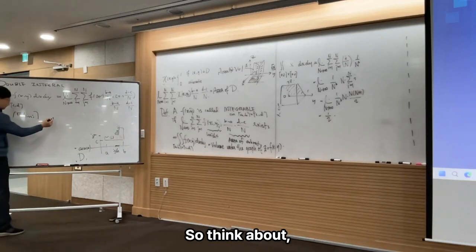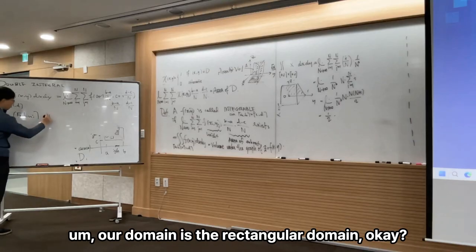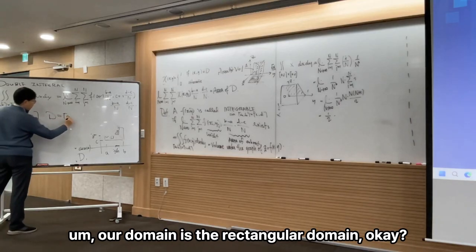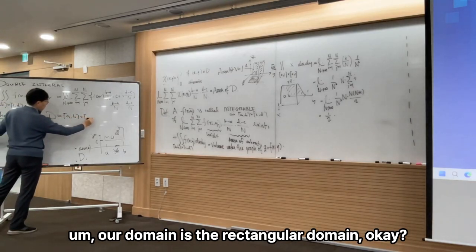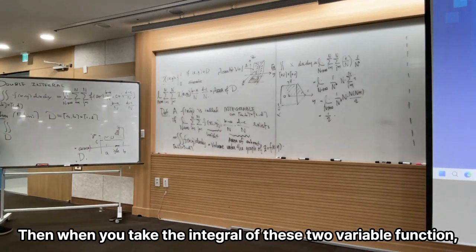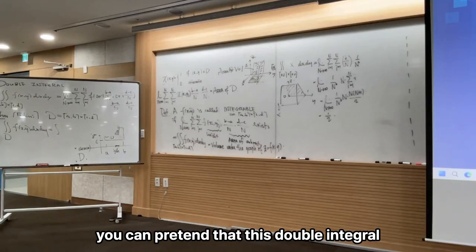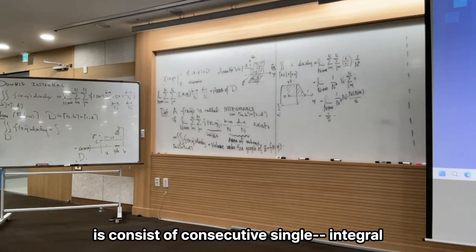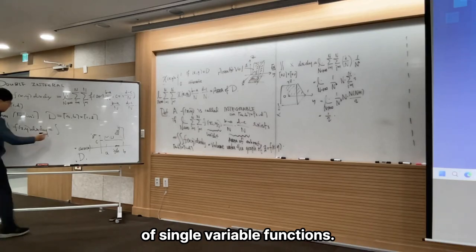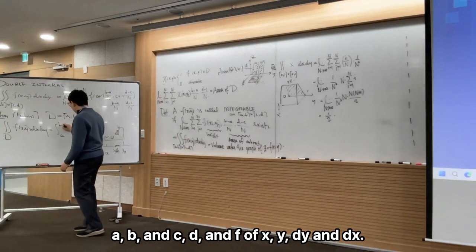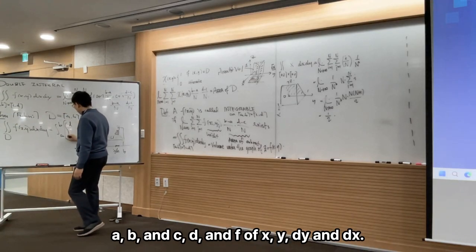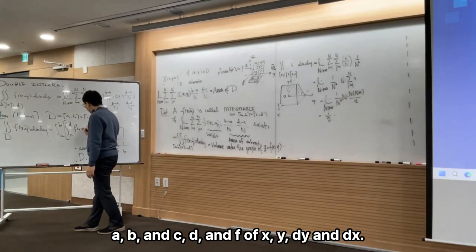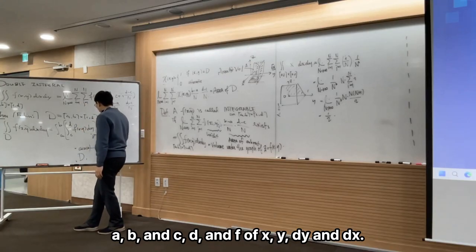So think about our domain being a rectangular domain. Then, when you take the integral of this two-variable function, you can pretend that this double integral consists of consecutive integrals of single variable functions. So first of all, a to b, c to d, f of x, y, dy, and dx.